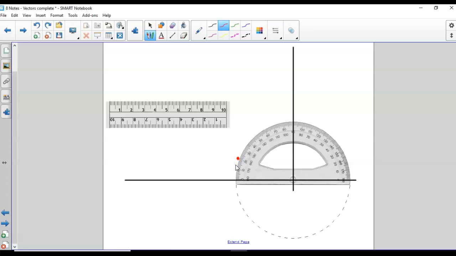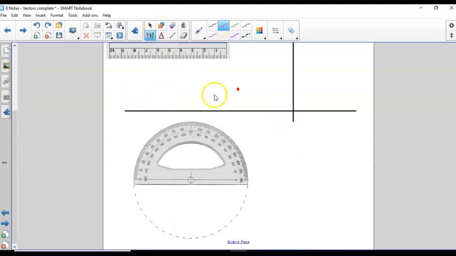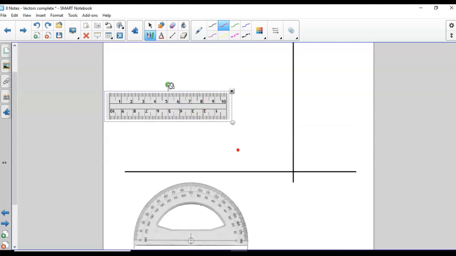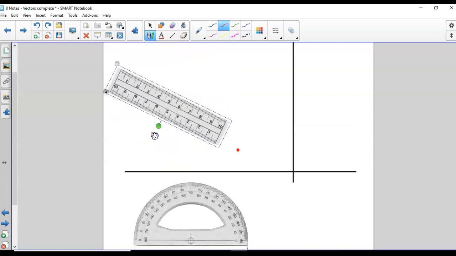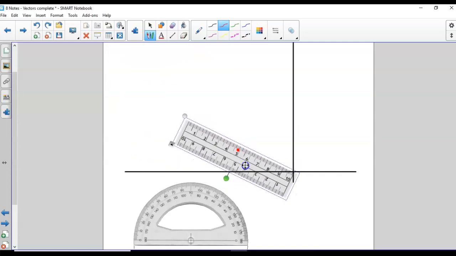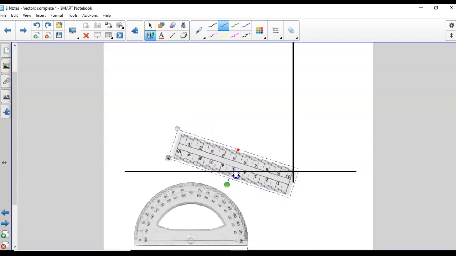So I would put my protractor right there on the origin, and then from the west up 20 degrees, I would put a little dot. And then I would take my protractor and my ruler here, and we'll try to get it lined up. 20. It was 20.